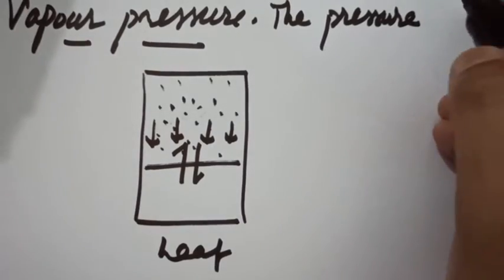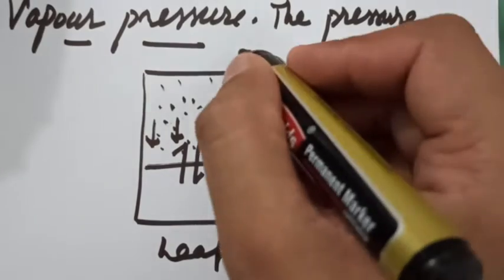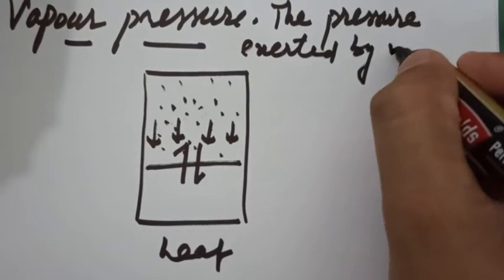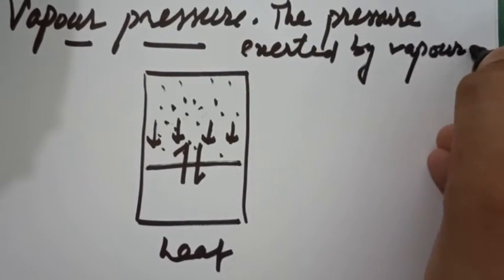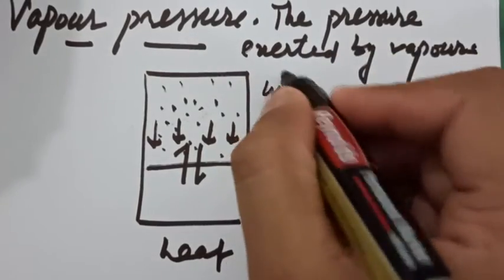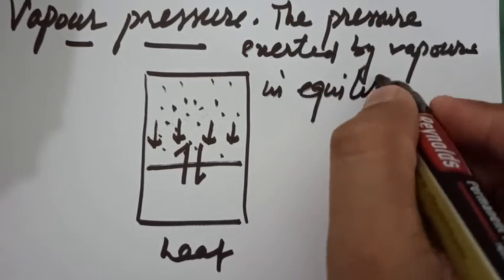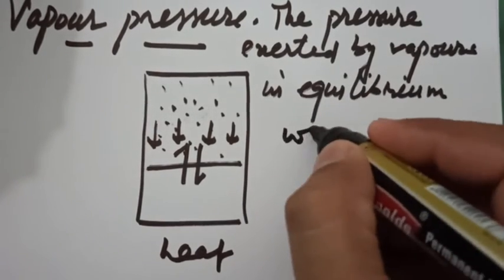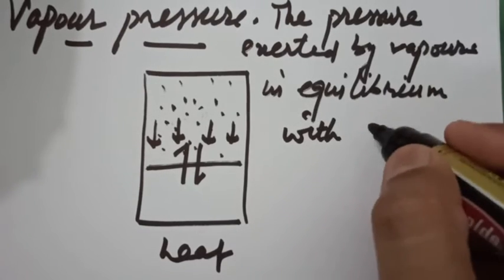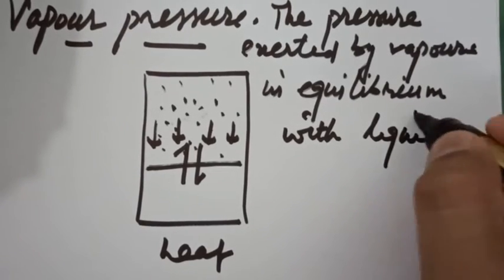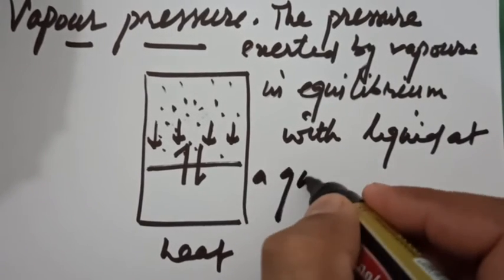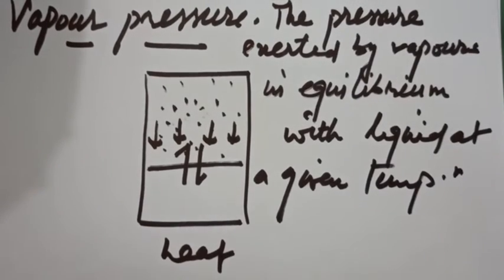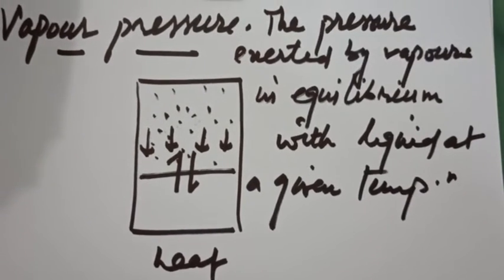The pressure exerted by vapors in equilibrium with liquid at a given temperature is called vapor pressure.